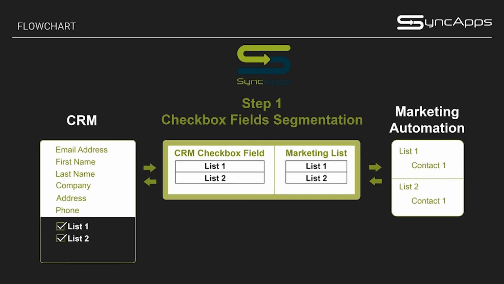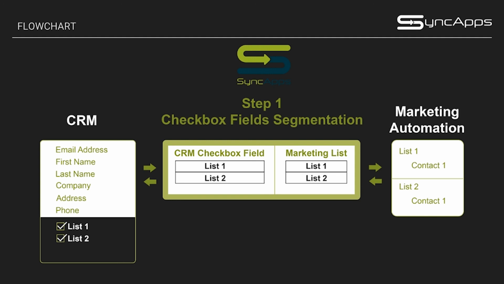A very simple diagram to show you is if you have a specific contact in your CRM record and you have that contact checked as list 1 and list 2. This basically means that this particular contact is subscribed to your 2 marketing automation campaigns. With SyncApps over in step 1, you can map your CRM checkbox fields, such as list 1 and list 2, accordingly, and create a marketing list.